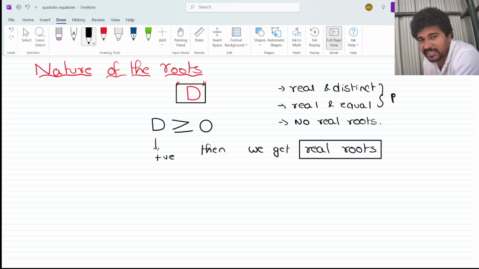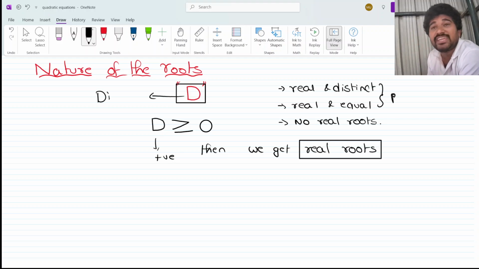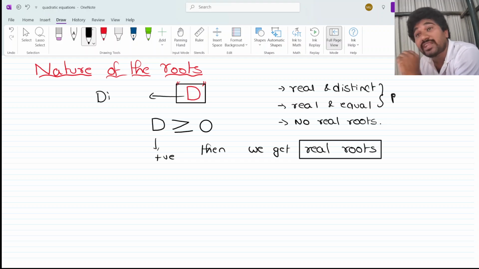If it is greater than or equal to 0, who is greater than or equal to 0? D. I will name D as the discriminant. What is the name of D? Discriminant. Clear for everybody? If D is greater than or equal to 0, the roots are real.